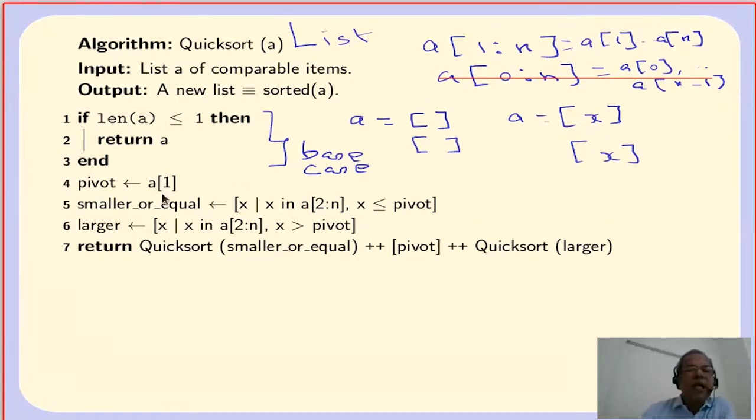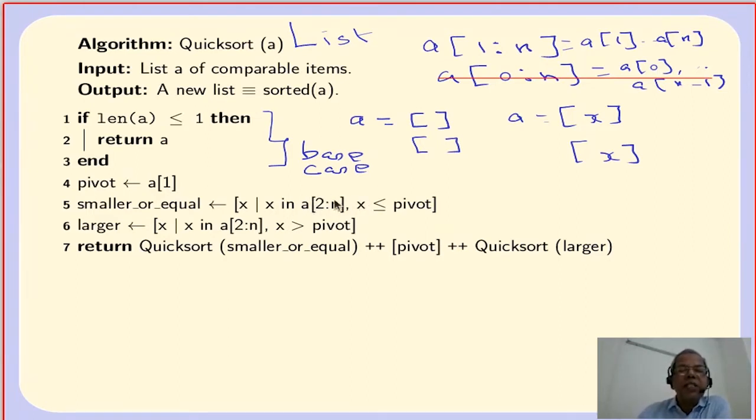Okay, pivot is A at 1. We split the list into two parts, roughly equal in size. Smaller or equal, the other is larger. I am using a kind of mathematical notation. For all x in A from 2 to n, because I have already taken out A1. If we have removed A at 1 from the list A, we are left with A at 2 to n.